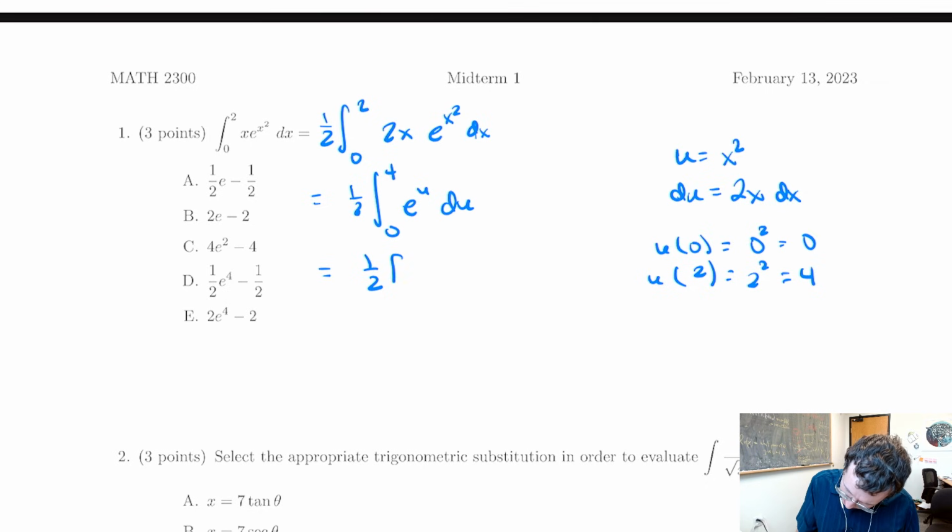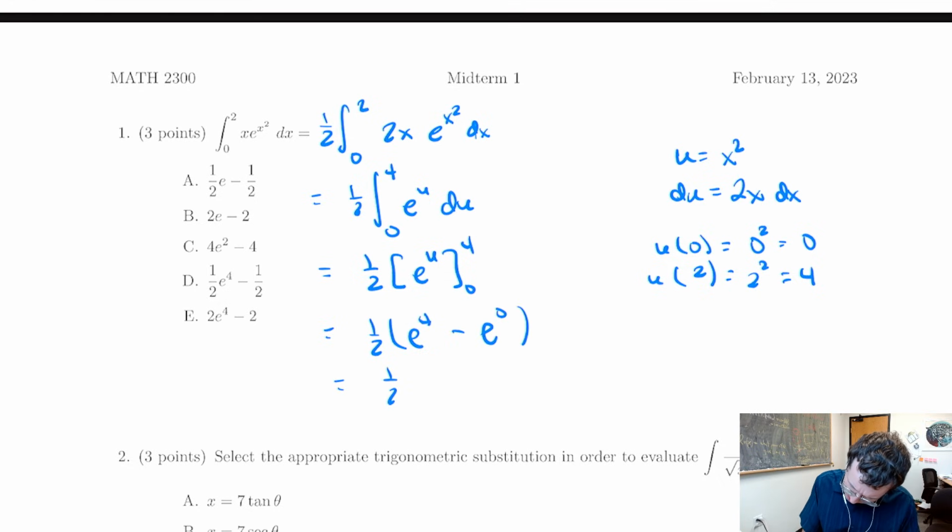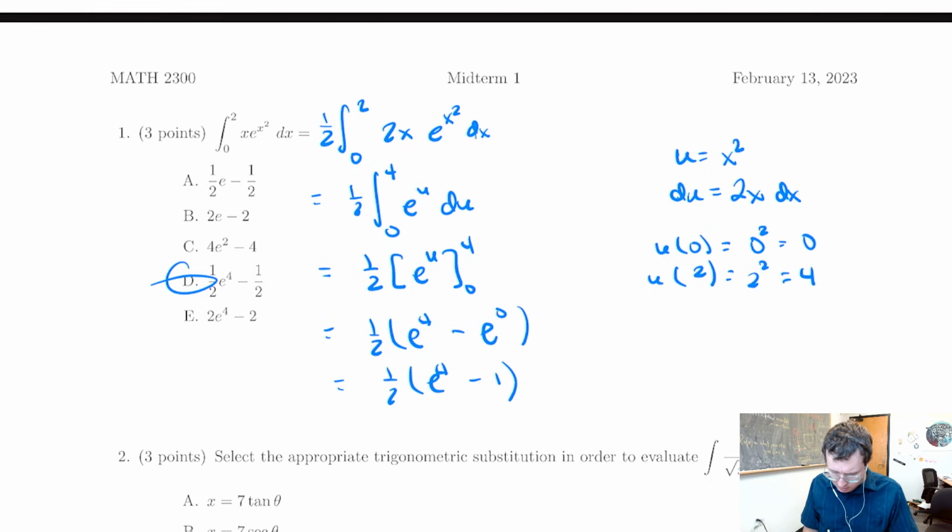And now I just need to find an antiderivative for e to the u, which is very simple. It's e to the u. I evaluate this at 4 and 0. And I'm done. That is option D if you distribute the 1/2 to the e to the 4th and the 1.